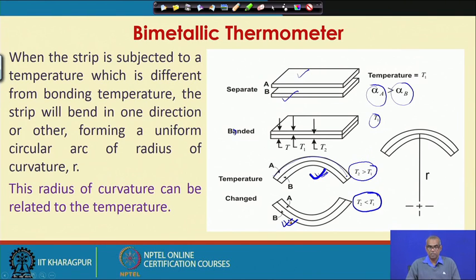So, whatever it does, the radius of curvature is related to temperature. So, this is the radius of curvature. This has bent as a circular arc, it has formed a uniform circular arc, and the radius of this circular arc, if we call R, this R is related to the temperature for a given bimetallic strip.